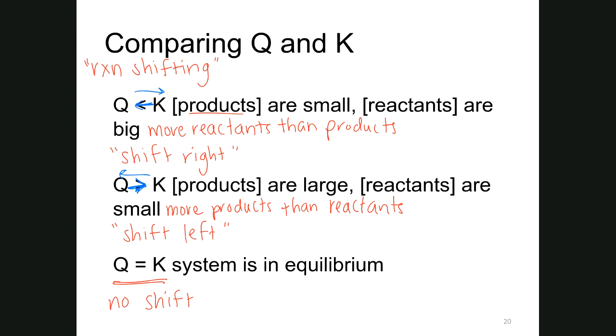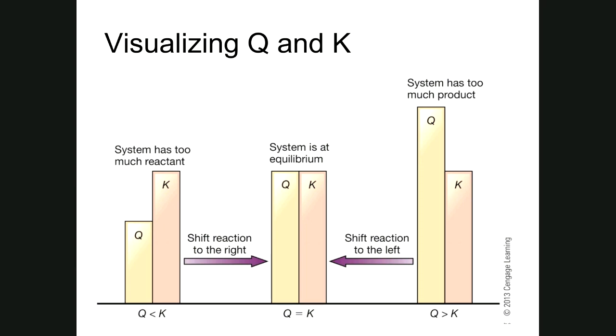And this is more of a visual way for us to understand what's happening. So on the left-hand side of the screen, we can see that Q is smaller than K. So in order for this reaction to reach equilibrium, we need to shift to the right to bring Q up to reach K. If Q is larger than K, we need to shift left to bring Q down to reach K. So these are the two instances that we could have, shifting to the left, shifting to the right.